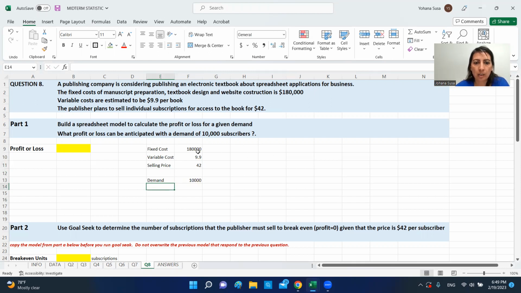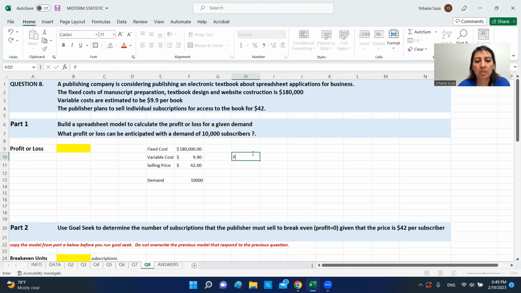Now, this is dollars. And now we need to find the profit and loss. So we need to calculate how much is the total cost, which we can do two ways.